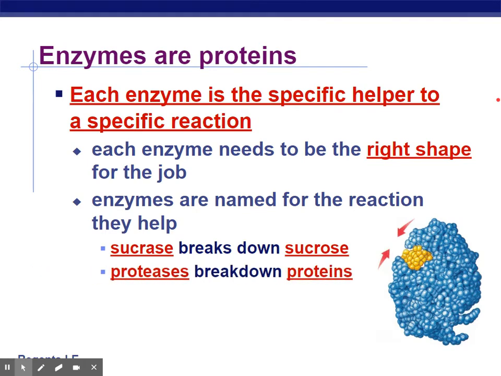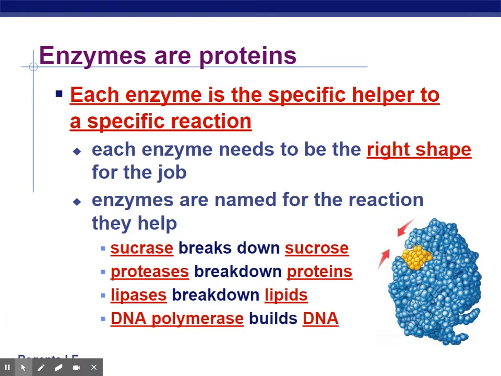Okay, and then we have a protease enzyme. Notice it has an ASE. It'll break down proteins. We have lipases that break down lipids or fats. And DNA polymerase actually builds DNA, so it's going to make a bigger molecule.